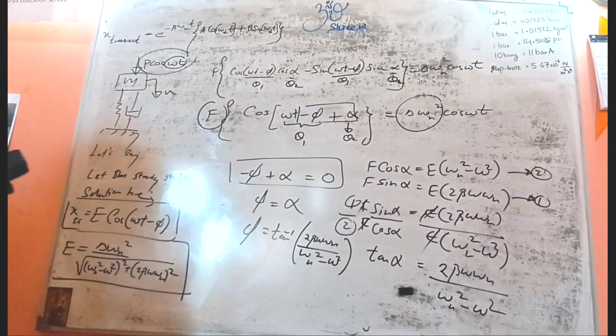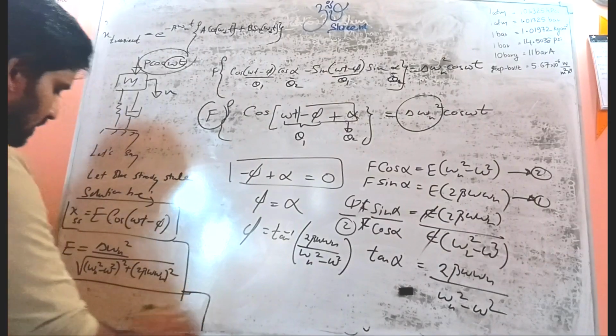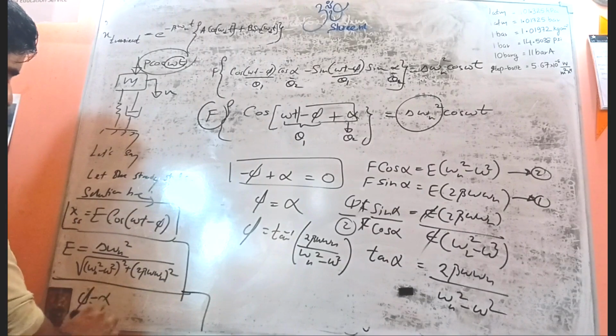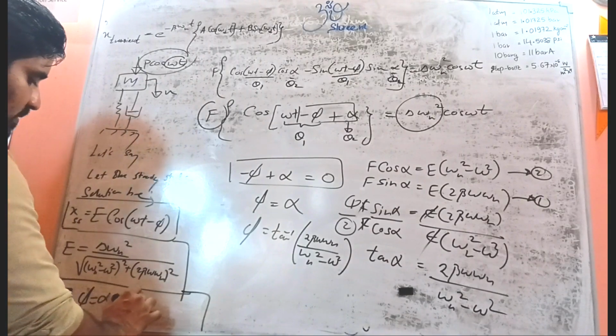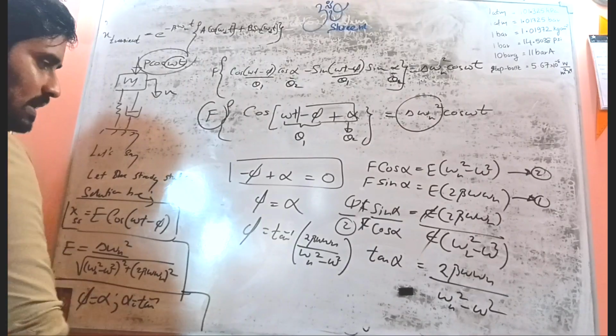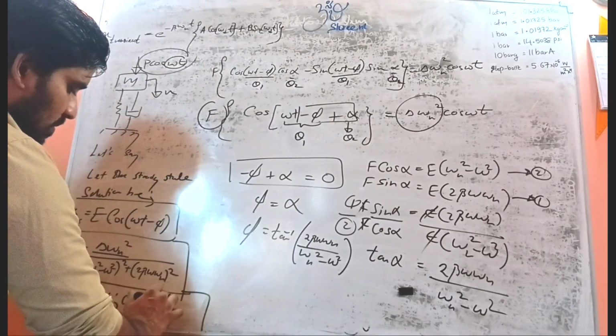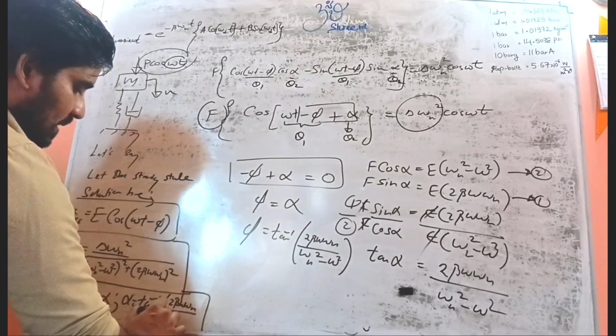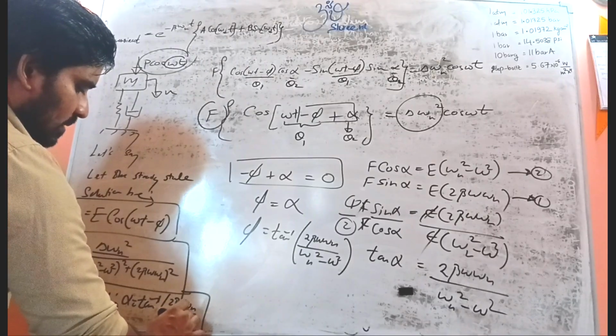I will write that here: phi equals alpha, where alpha equals tan inverse of 2 beta omega n divided by (omega n squared minus omega squared).